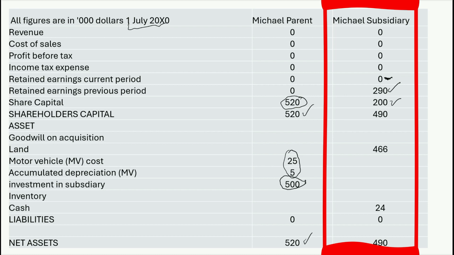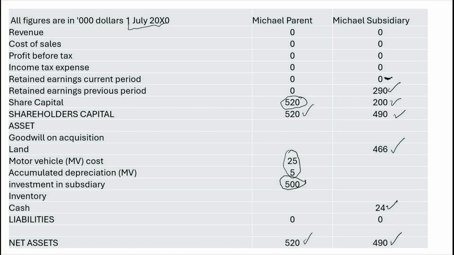So the shareholders' capital is $490,000. It is supported by assets, land $466,000, and there was cash $24,000. There were no liabilities, and the net assets equal $490,000, which is supported by shareholders' capital of $490,000.